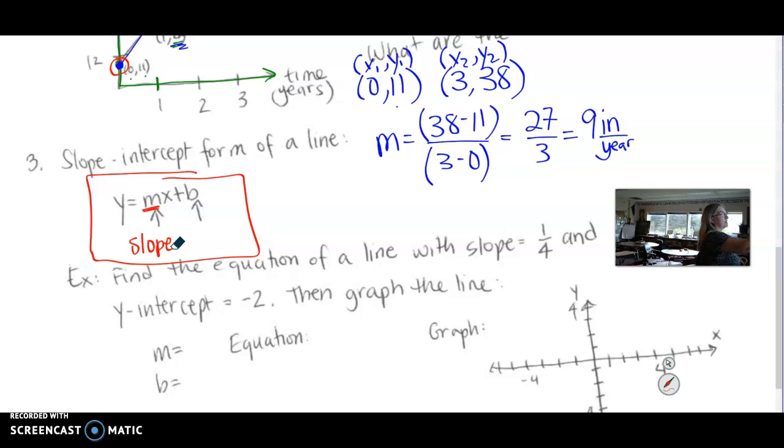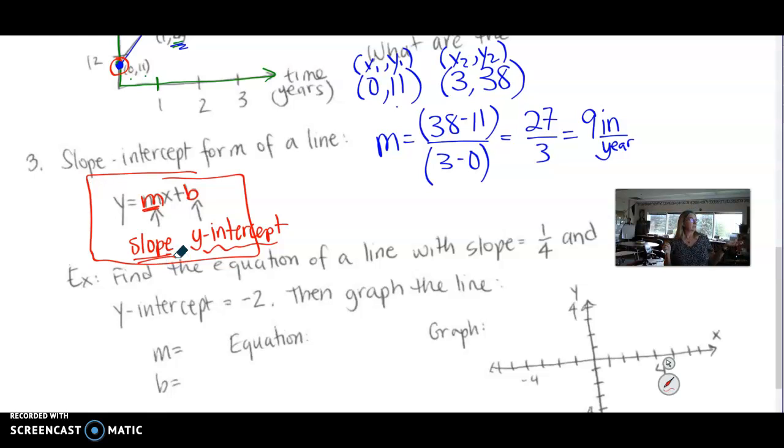And m and b are going to be actual numbers, while x and y stay variables. b is the y-intercept. If you think about a line, all lines look the same. They're all just straight, but the difference between any line and another line is where it's located and its slope. The y-intercept tells us where it's located. The slope tells us how steep that line is.